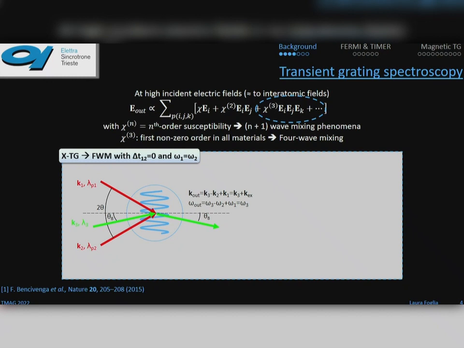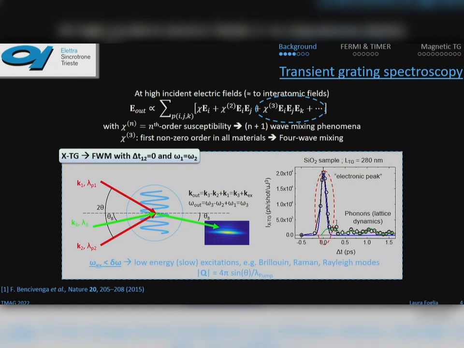This standing wave acts as a grating for the third pulse, which is then diffracted at the Bragg angle. And if you measure the intensity of this diffracted beam as a function of time between the excitation and the probe pulse, you can basically extract information on the electronic response and on the lattice or spin response, as we will show later on.